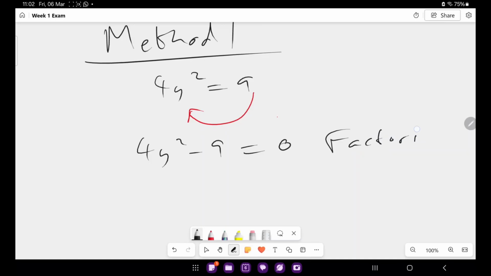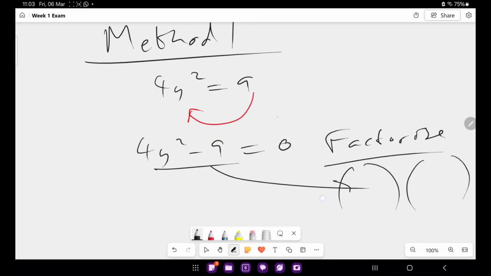I say to factorize is to make brackets, which is my simple version of saying factorize. So we want to take this and bring it into some brackets.